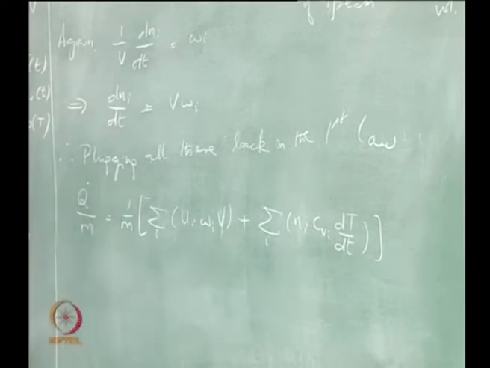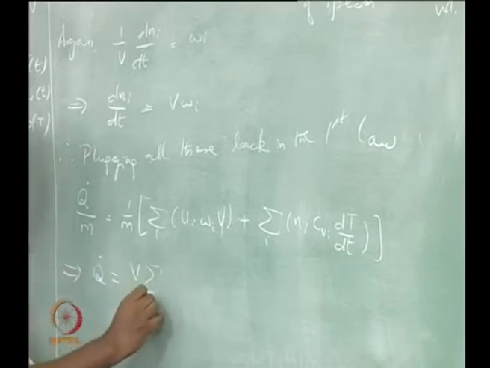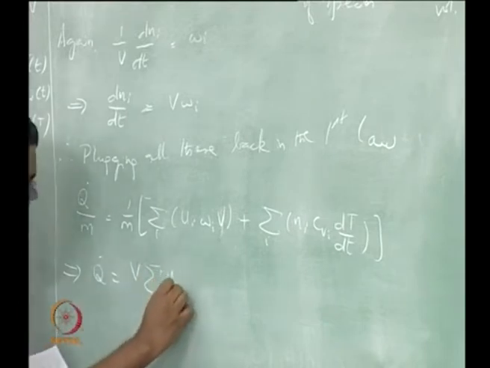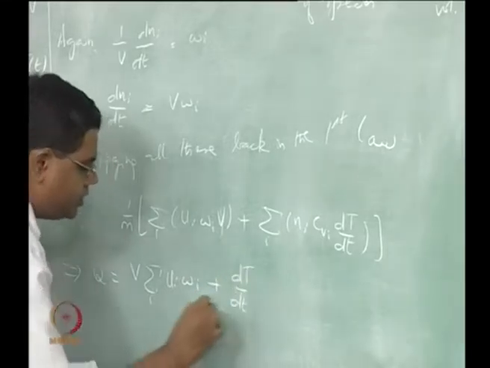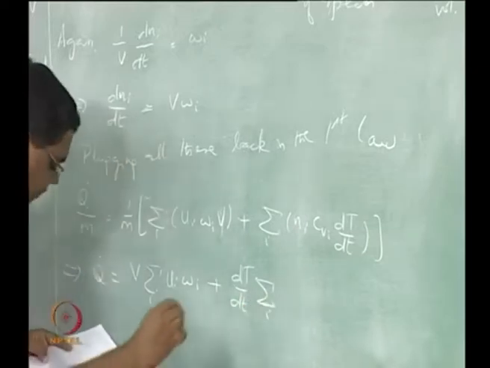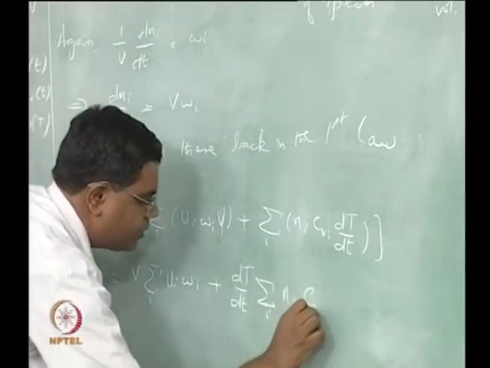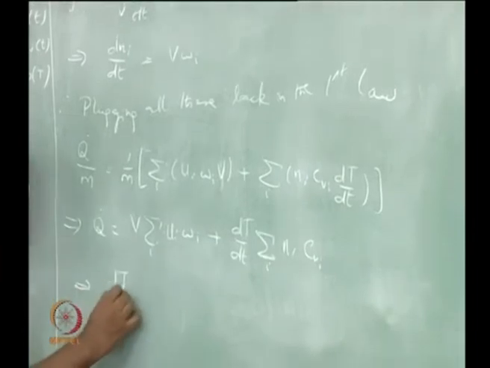And then m gets cancelled for non-zero m, for those of you who are very picky about these. So we get q dot equal to V times sigma capital Ui omega i plus dT over dt sigma over i Ni capital Cvi.